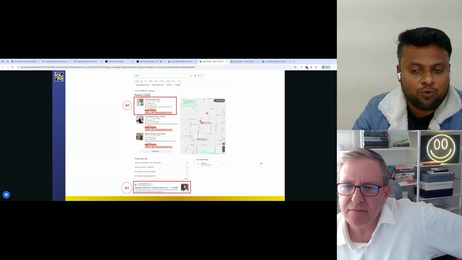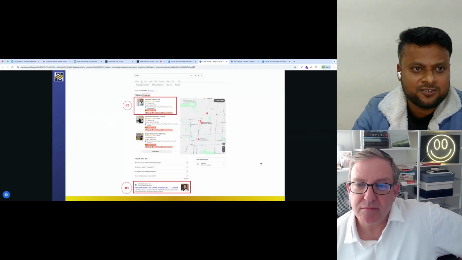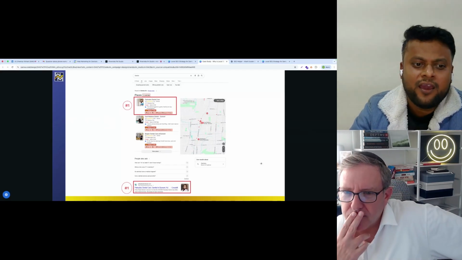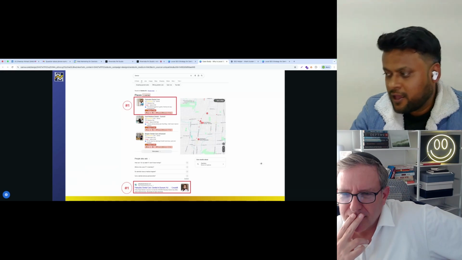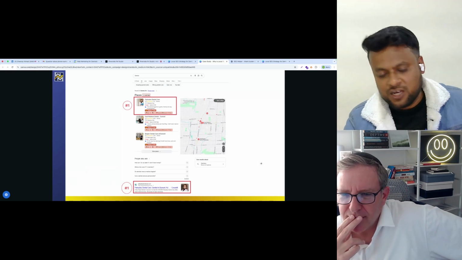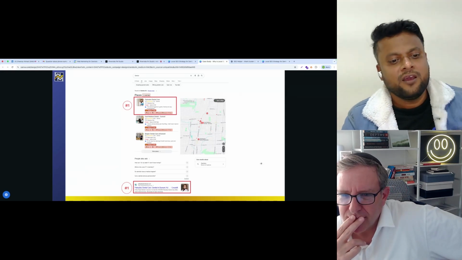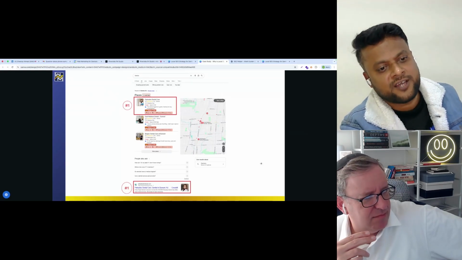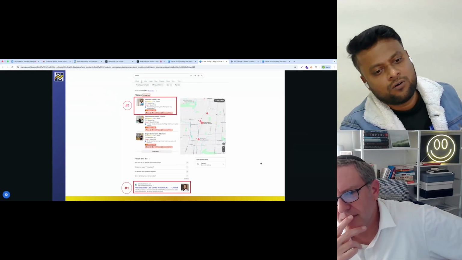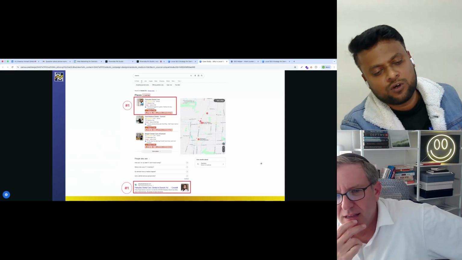That actually builds more trust, because anyone who sees you first on the Google Map Pack and also sees you first on the SERP gets this trust factor coming in, that yes, they are the number one dentist in this town, in the city. So that really drives more patients.